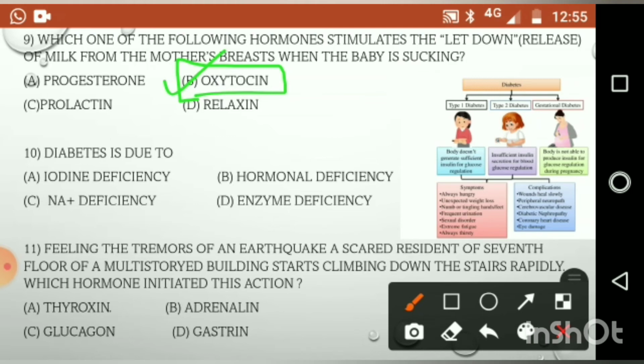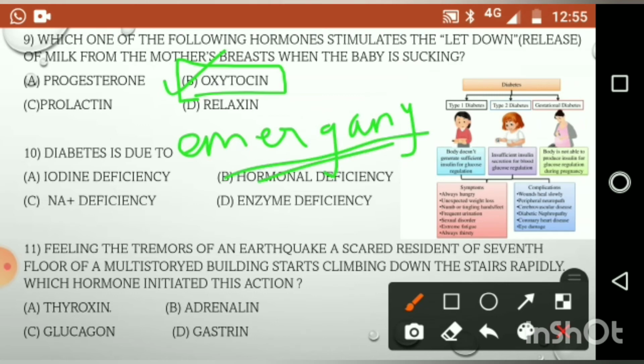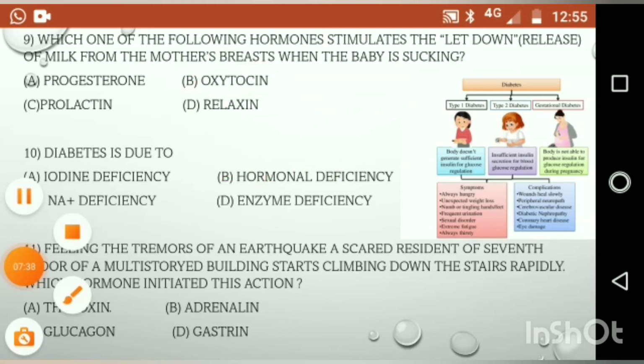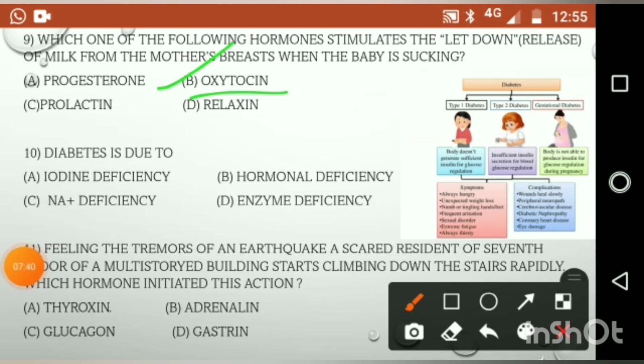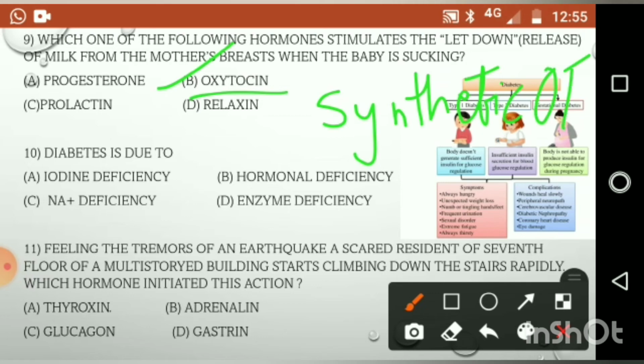Now, in case of emergency pregnancy, synthetic oxytocin is injected into the female. OT is a short form for oxytocin. It is called pitocin.